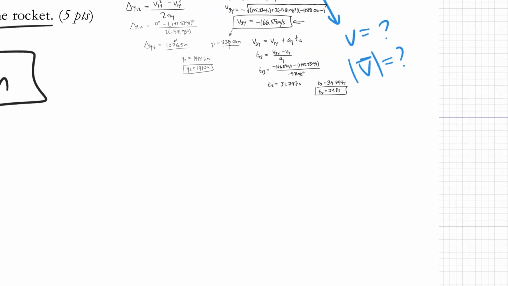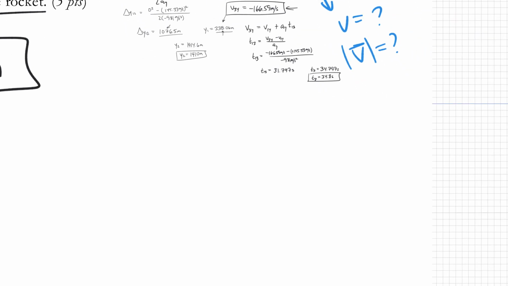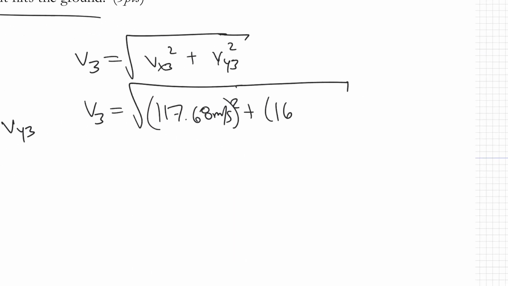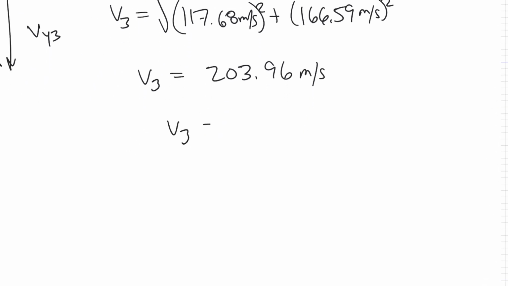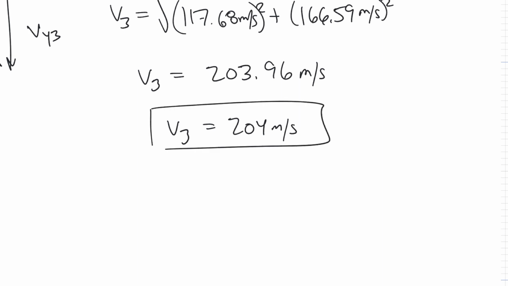Okay, cool. 166.59 meters per second. Okay, so V3 equals, so we get 203.96 meters per second, or V3 equals 204 meters per second. So that's how fast it's going when it hits the ground.